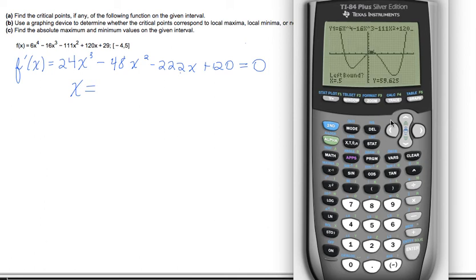So we're going to go to min. So I'm going to go to the left side of this first minimum. Okay, and hit enter. Now it says right bound. Let's come over here to the right side and hit enter, and then hit enter again to get the minimum is x is -2.5.